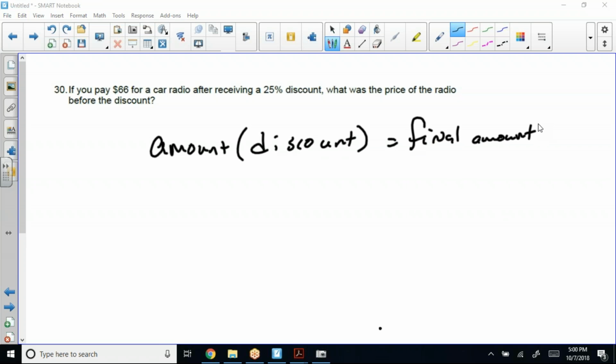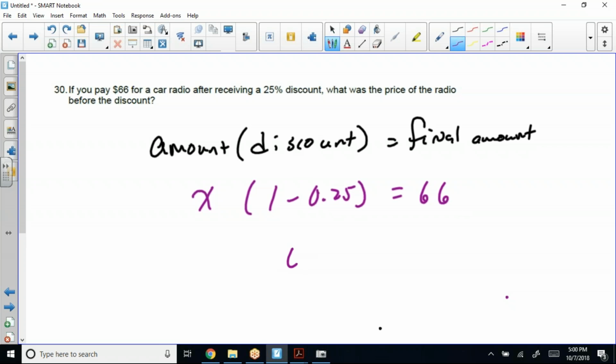So let's kind of look at this. We don't know what the amount is, right? That's our X, right? But we know that the discount was 25%, right? Well, it's 25%, but it's really 1 minus 0.25 because the discount is 25%, but the value still there is 75%.